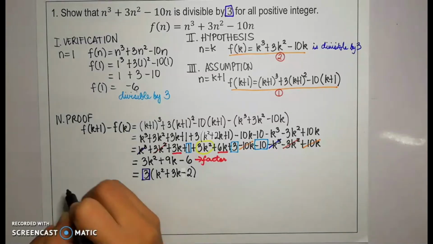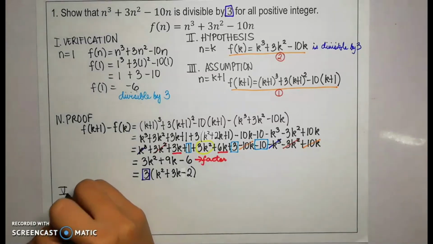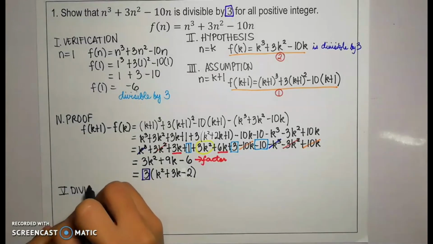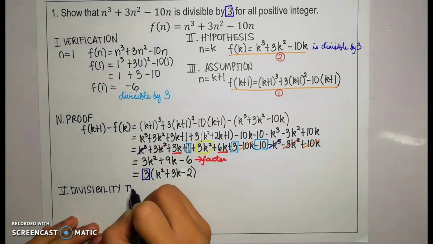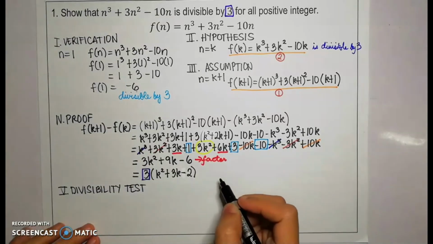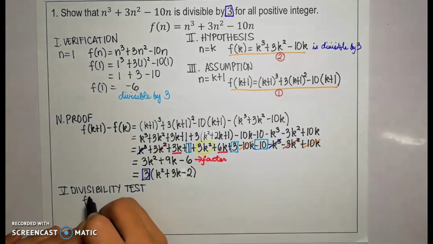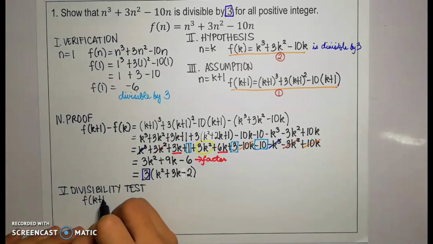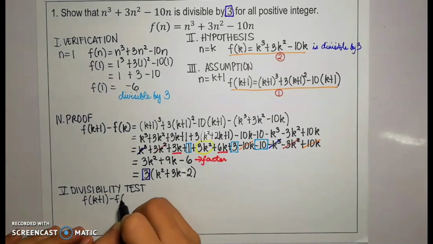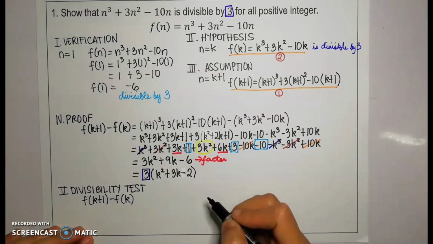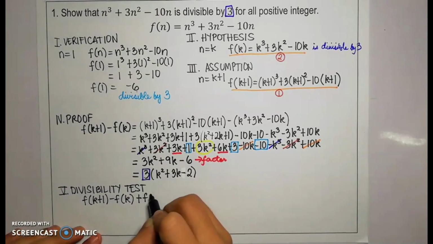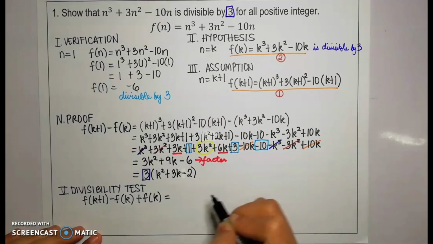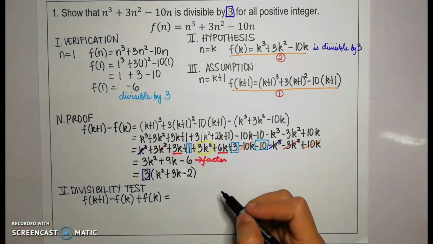Our next step is the divisibility test. For the divisibility test, we will use the value of f of k plus 1 minus f of k. However, we need to balance it out by adding f of k to both sides of the equation.